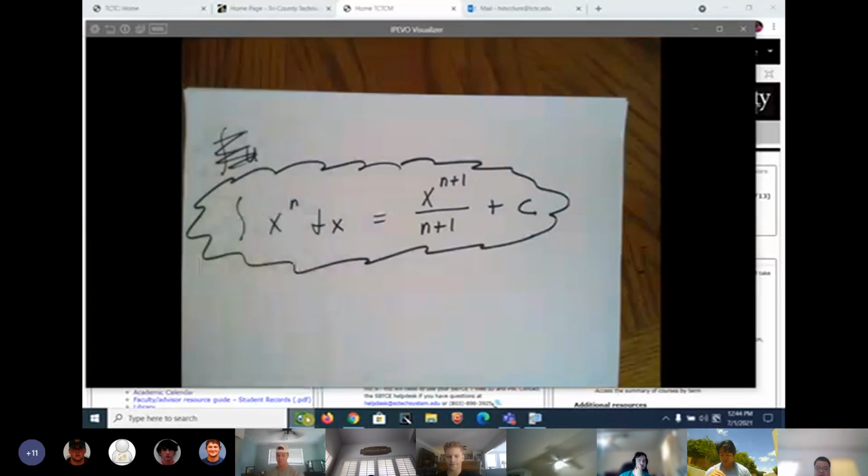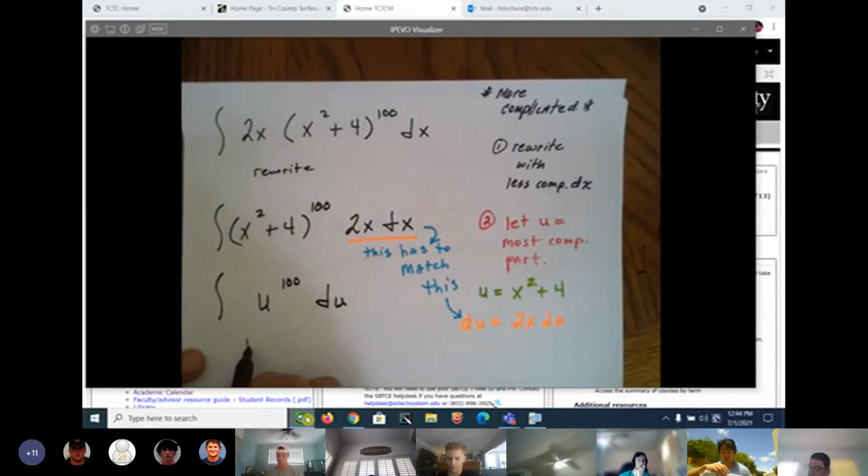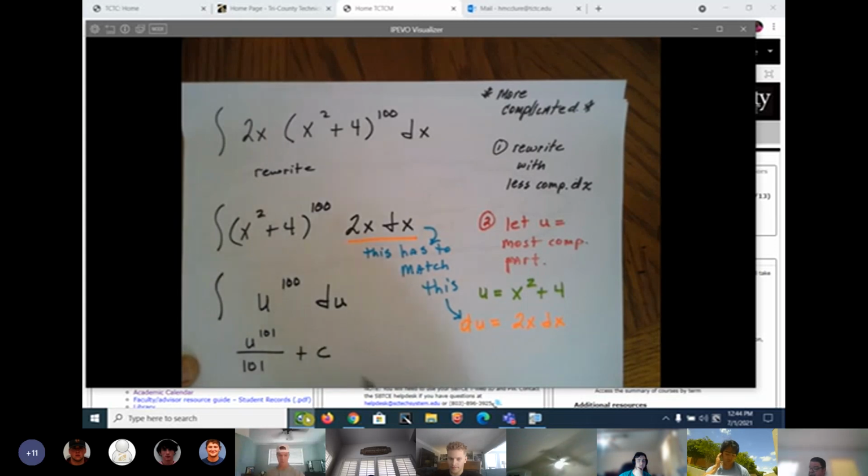there's u to the n, so you're going to add one. So here, that's going to be u to the 101 over what? 101 plus c. And now all you do is put u back into the equation.